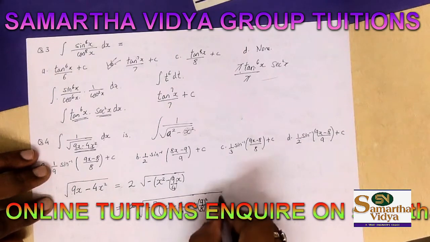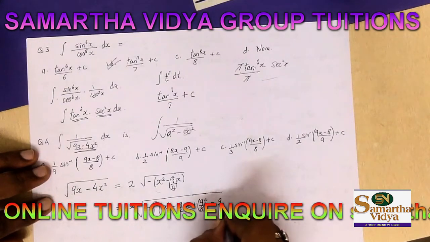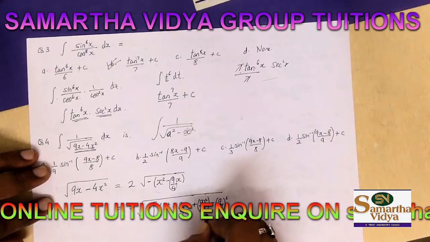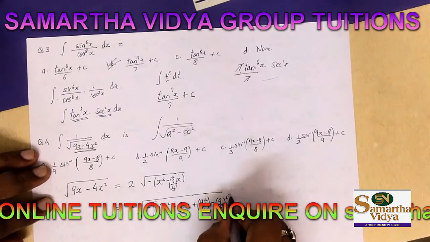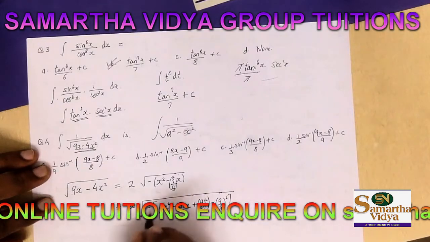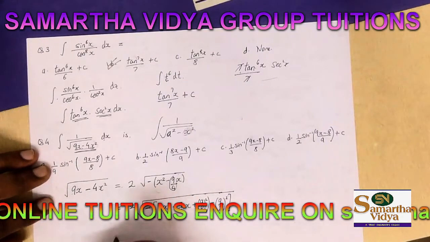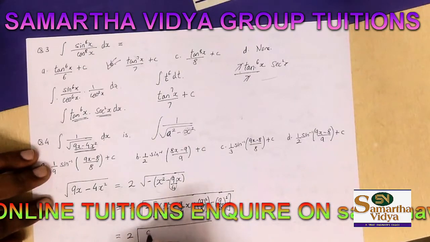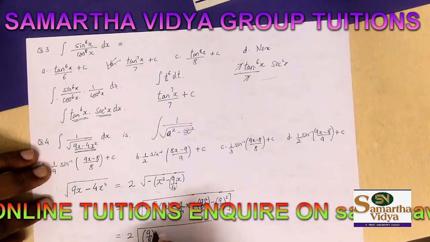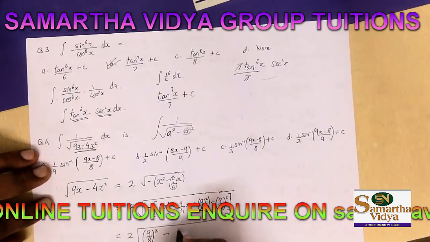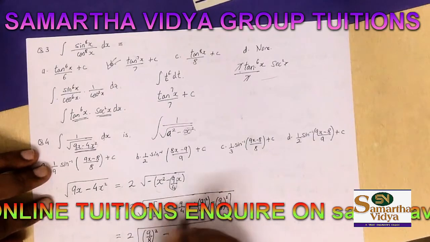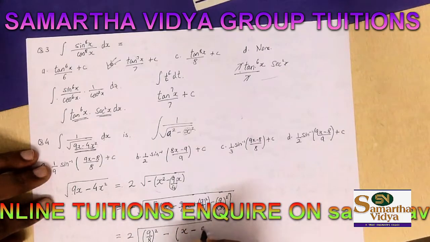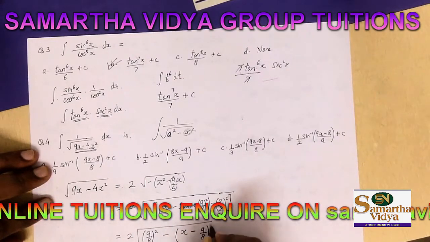So I'm adding this term and I have to subtract it also. So this is the first bracket and this is what I'm getting. This minus sign goes inside. So I'll be getting this as 2 root of 9 by 8 square minus, and this thing you know is a perfect square, so it's x minus 9 by 8 the whole square.